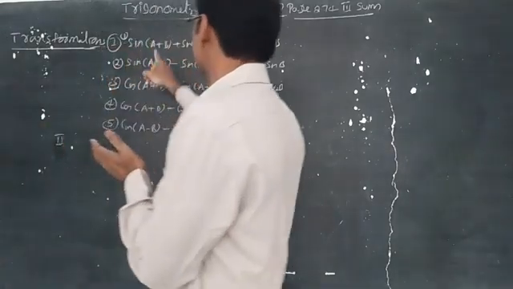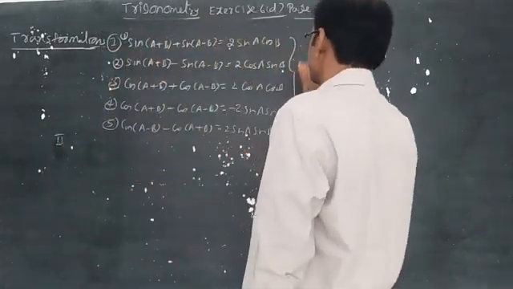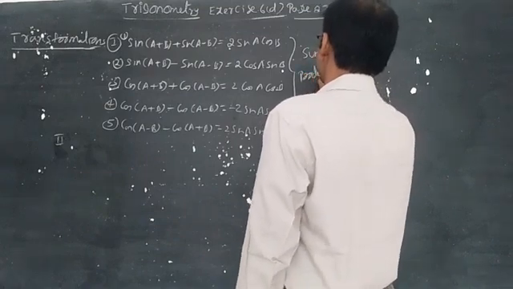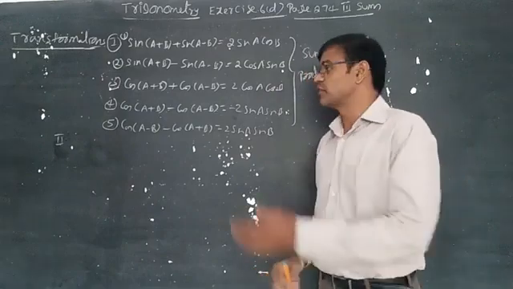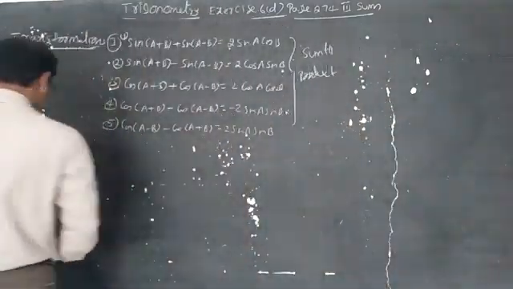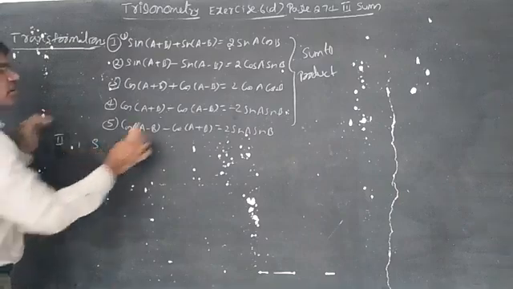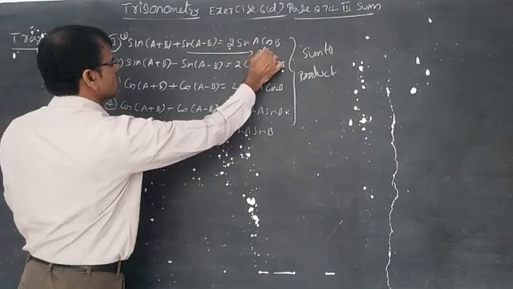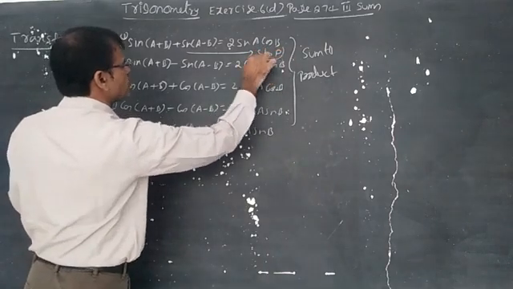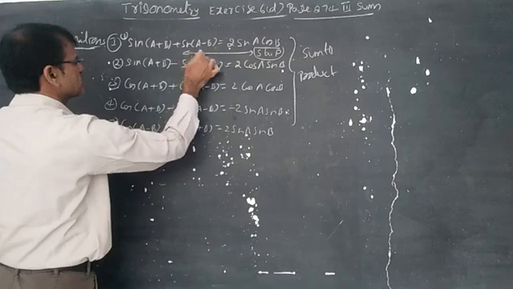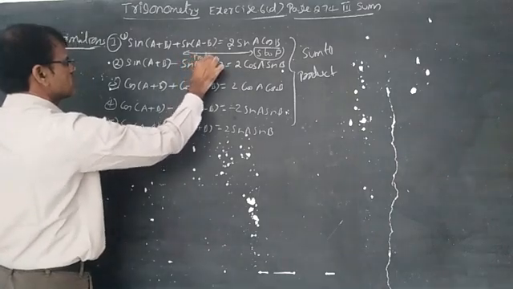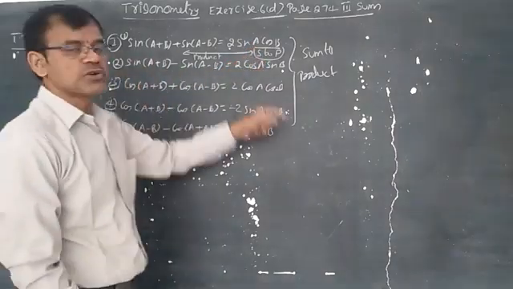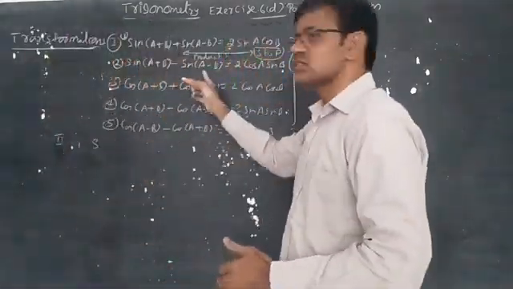Now Roman number 2. So the a plus b concept, sum to product. This transformation is called a sum to product transformation. Next we are going to discuss product to sum. This is sum to product, and the reverse is product to sum. 2 sin a cos b formula is sin a plus b plus sin a minus b. 2 cos a sin b formula is sin a plus b minus sin a minus b.